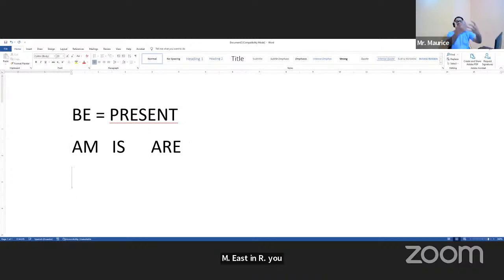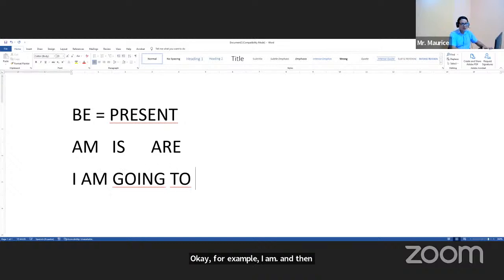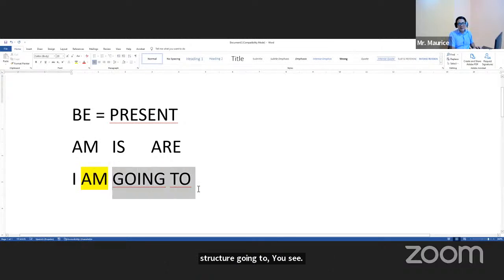So we need to combine with the verb to be. Obviously, in English, we need a subject, so that was the reason I typed the personal pronouns. For example, I am, and then we practice with the structure going to. So this is the verb to be, and here is the structure.